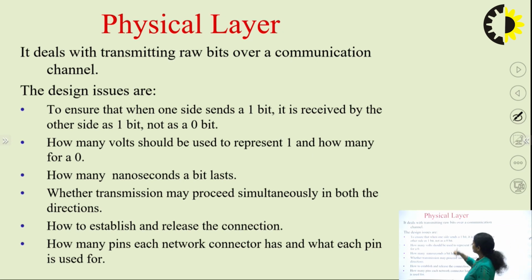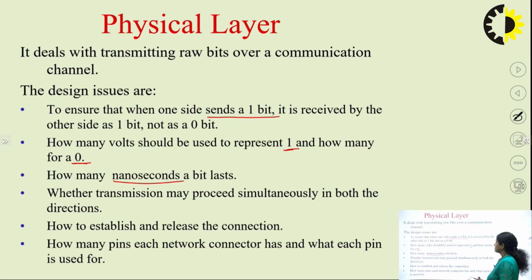So we must ensure that when one side sends a 1 bit, it is received by the other side as a 1 bit only, not a 0, right. That means no error should be there. How many volts should be used to represent 1? How many volts are required to represent a bit 0, right? How many nanoseconds does a bit last?